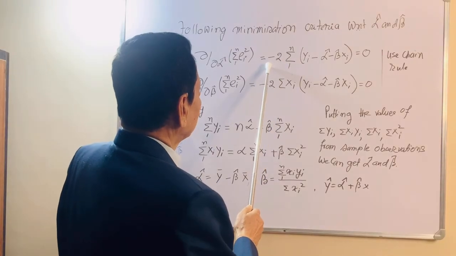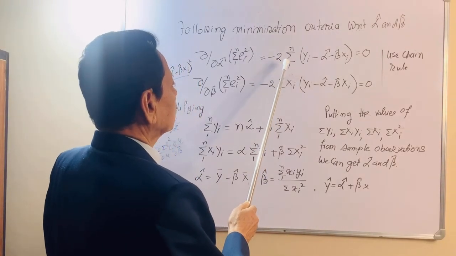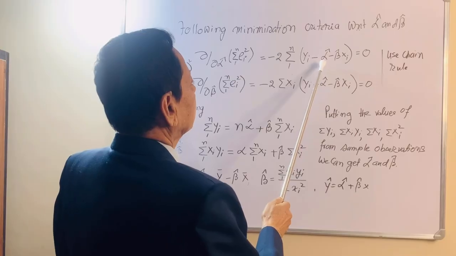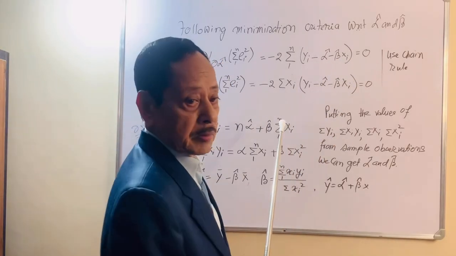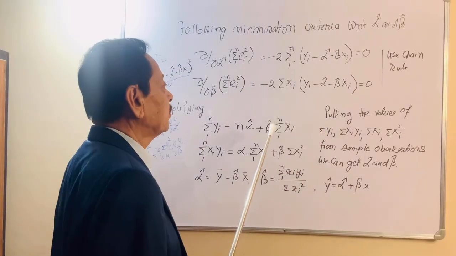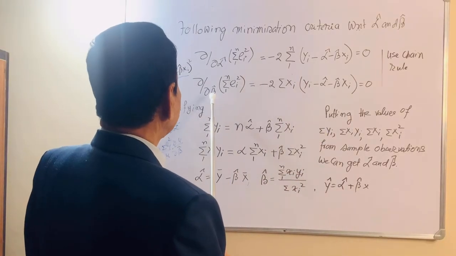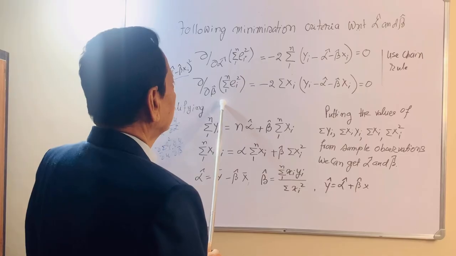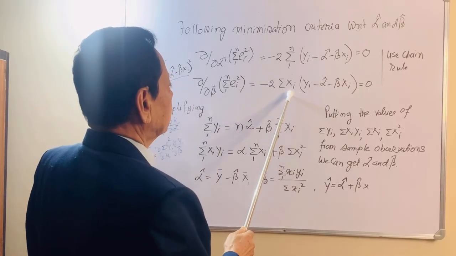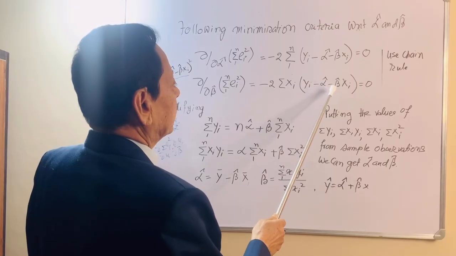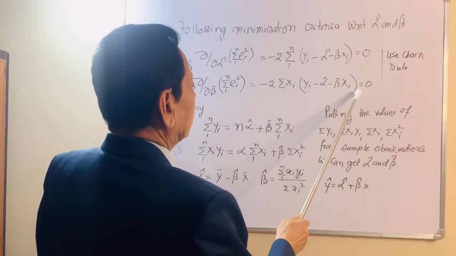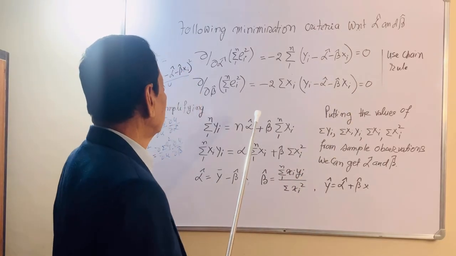So minus 2 summation yi minus alpha hat minus beta hat xi put to 0, because the first derivative should be put to 0. Similarly, with respect to beta hat, minus 2 summation xi into yi minus alpha hat minus beta hat xi is equal to 0. Okay.